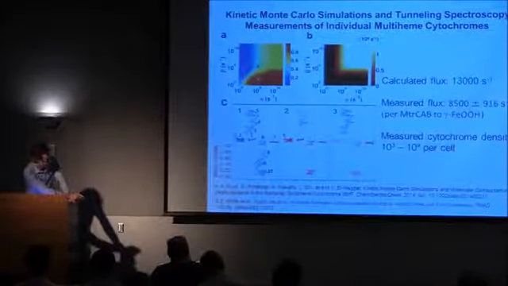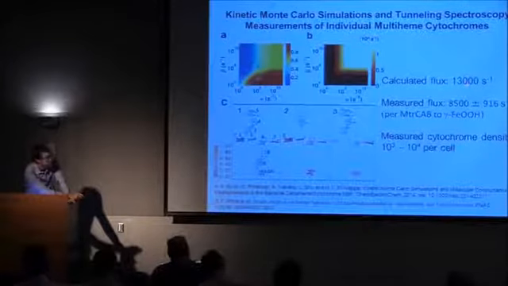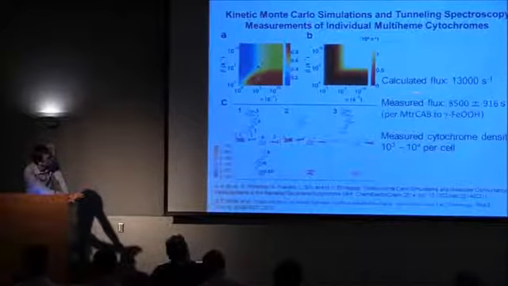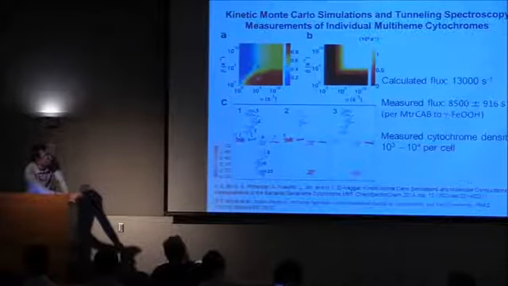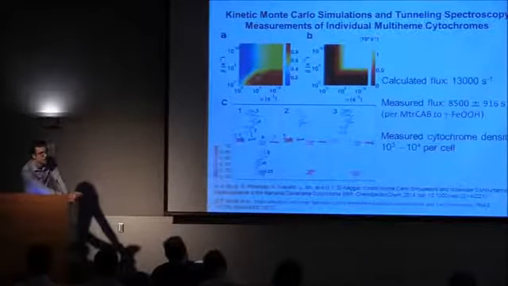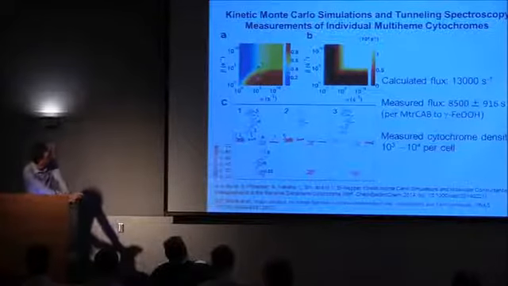What comes out of these simulations is an upper limit for the number of electrons that a single cytochrome can transfer. From our simulations, that's about 13,000 electrons per second, or we can say it's in the order of 10,000 electrons per second.